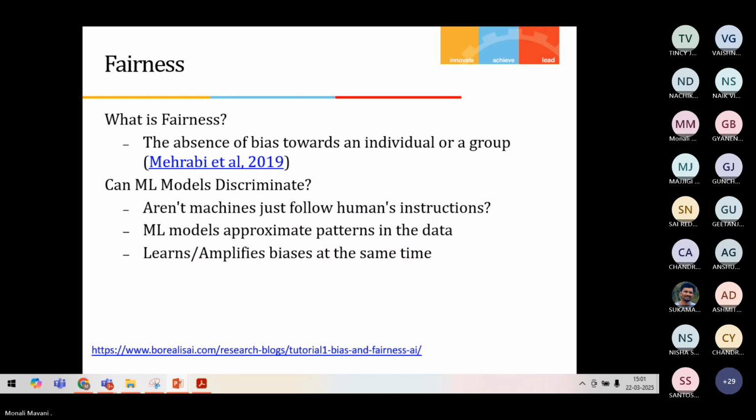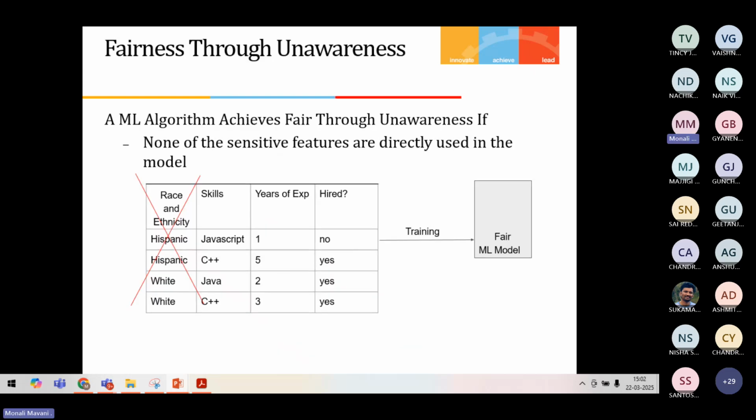Fairness. Obviously gender, ethnicity, race, color, religion should not be captured in your data. You should pre-process your data if your data set has captured such information. That way you can ensure fairness. Say your collected data has one column, race and ethnicity: Hispanic, white, and so on. This would be learnt by your model.